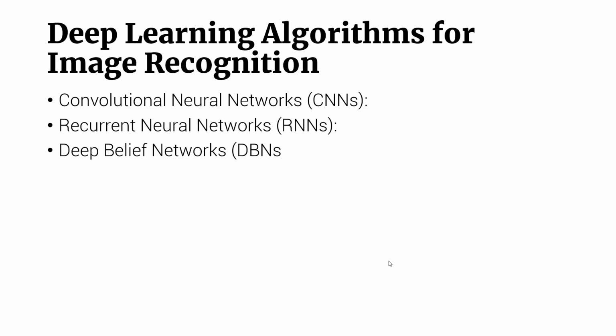When we say deep learning algorithms for image recognition, deep learning algorithms leverage neural networks with multiple layers to automatically learn hierarchical representations from raw image data.